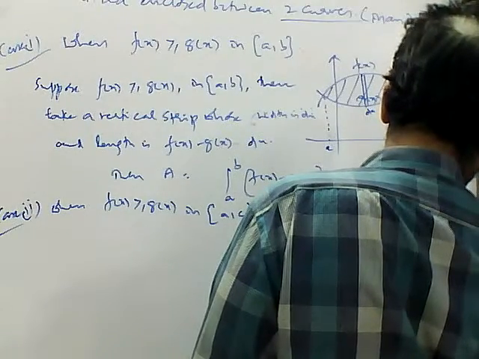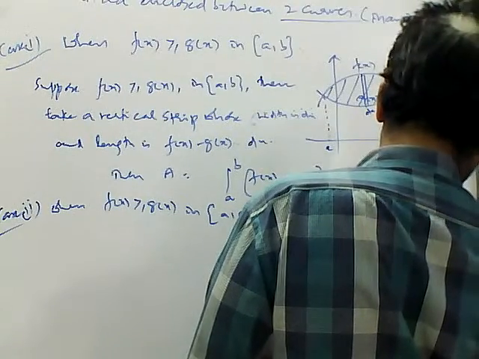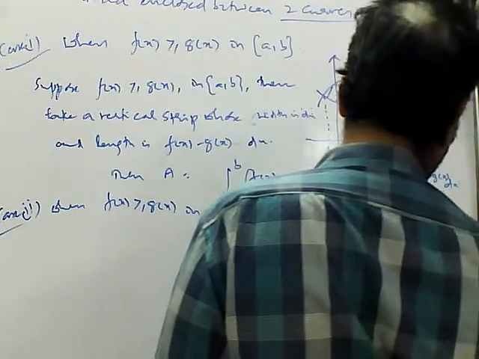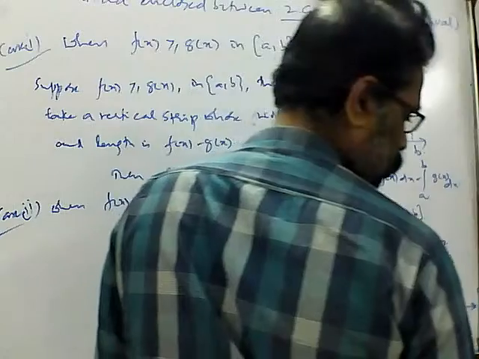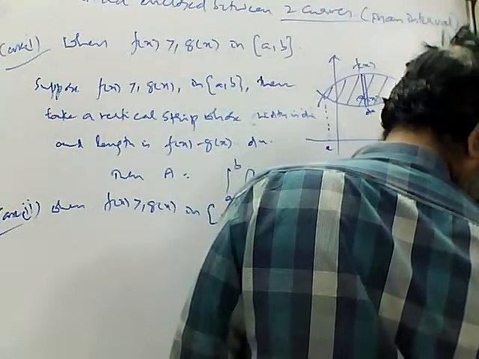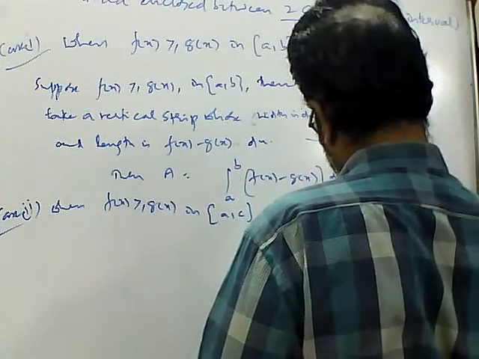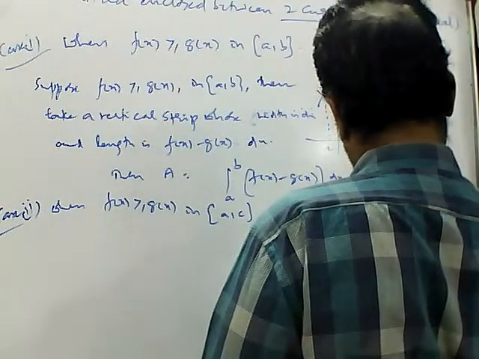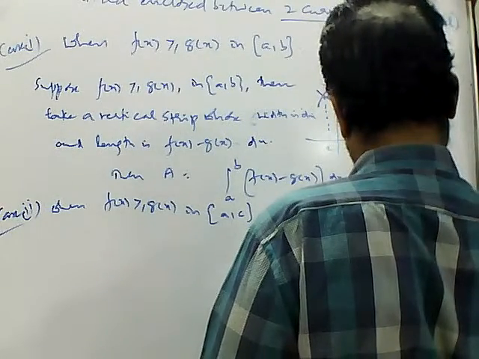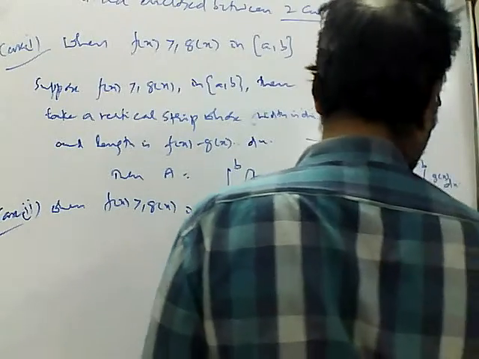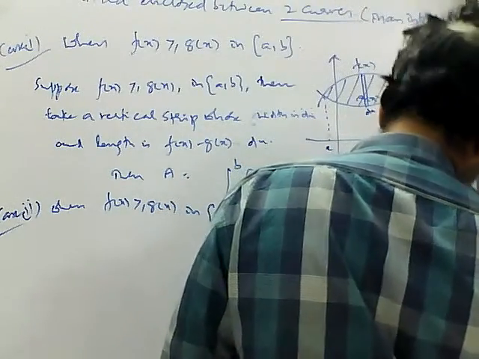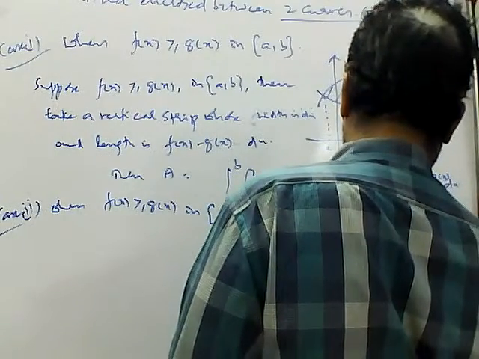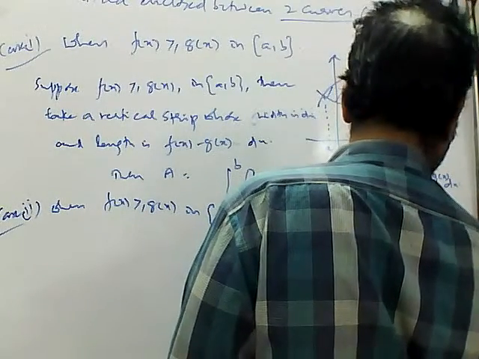Here y is equal to f of x. Right. X is equal to A, x is equal to B. This is y dash, x dash.